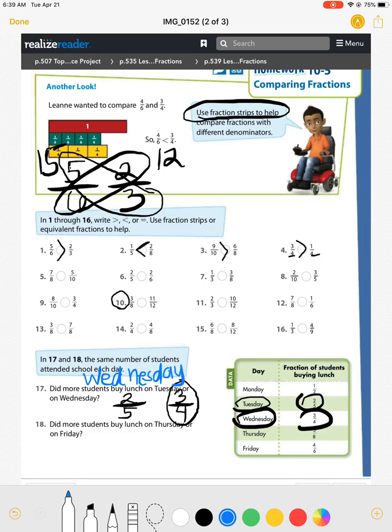Number 18. Did more students buy lunch on Thursday or on Friday? So here's Thursday, here's Friday. Let's rewrite those fractions. This says 5/8 for Thursday and 4/6 for Friday.